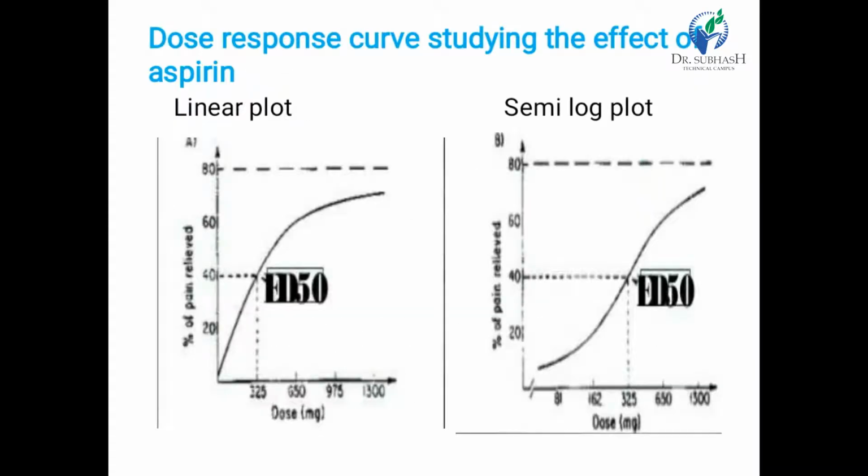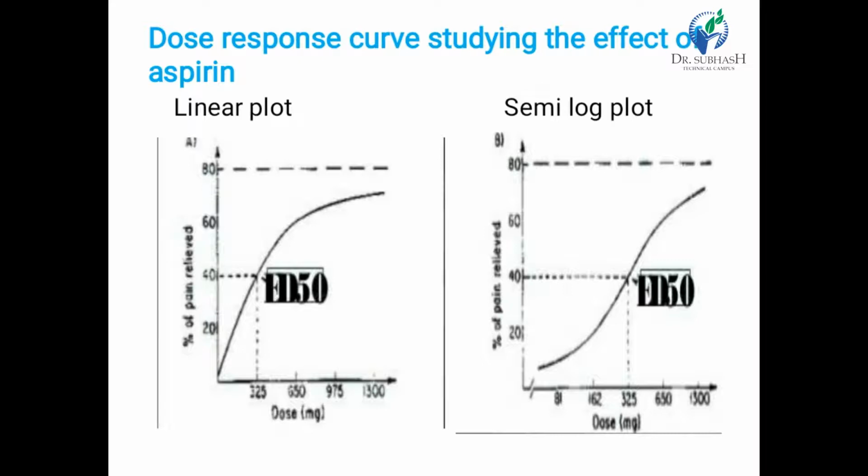Here you can see a dose response curve studying the effect of aspirin, in which the first plot is the linear plot and the second plot is the semi-log plot. The first is the simple plot in which we have taken the dose only in mg.